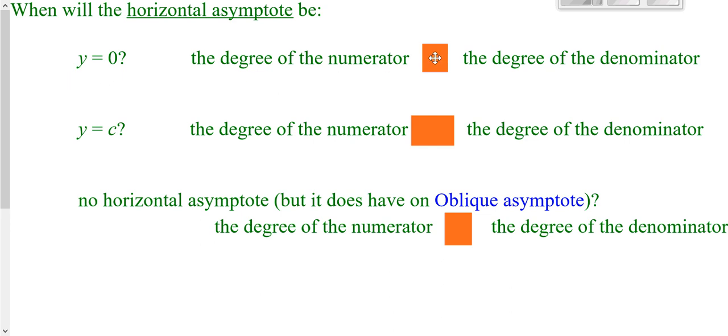Y equals 0 if the top has a smaller power than the bottom. Y equals a number other than 0 if they're the same power, top and bottom. And then if the top has a bigger power than the bottom, then there's no horizontal, but we would say it would have an oblique, and we'll be getting to an oblique asymptote here. So just beware, you might want to write that it will be an oblique asymptote.